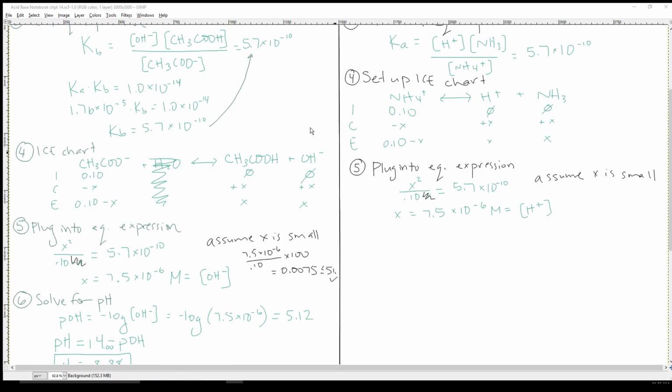Now I have to make sure that that assumption was valid, so that means that 7.5 times 10 to the negative 6 over 0.10 times 100 must be less than or equal to 5%. And based off of what we just did, since it's the exact same numbers, I could say, yep, we're good. Great.